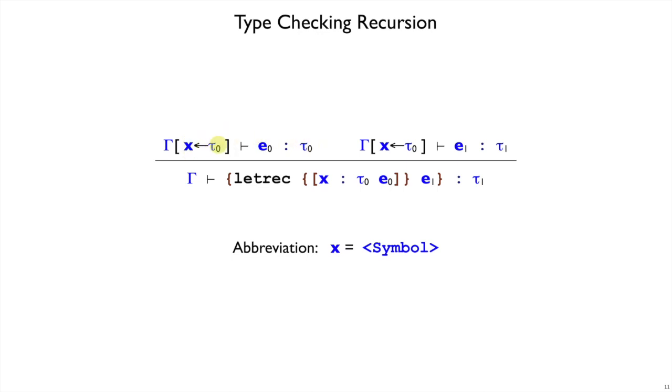And if you do, x will have type tau0 as declared. Right? So we are assuming that x has the type tau0 while also checking that the value that comes back from this expression will be consistent with that same type tau0. And then assuming so, we can type check the body with that same variable's type binding, and we get back a type for the body, and that is the type for the letrec.